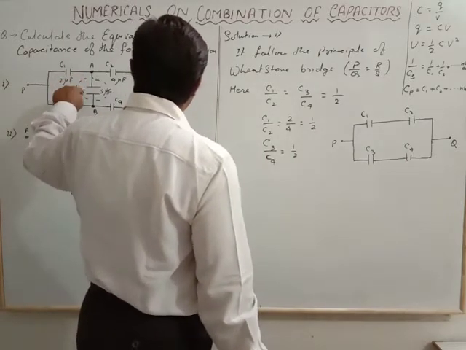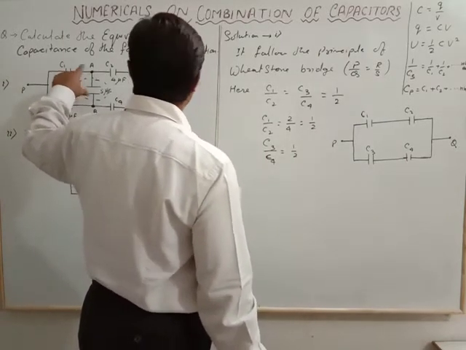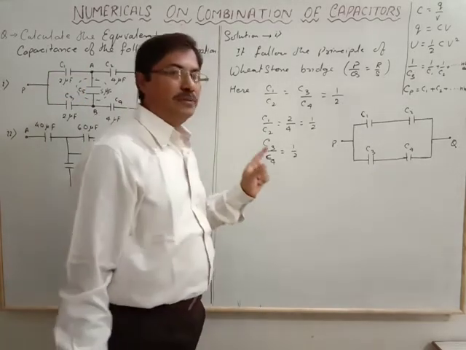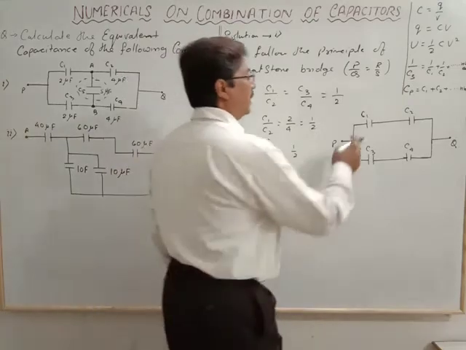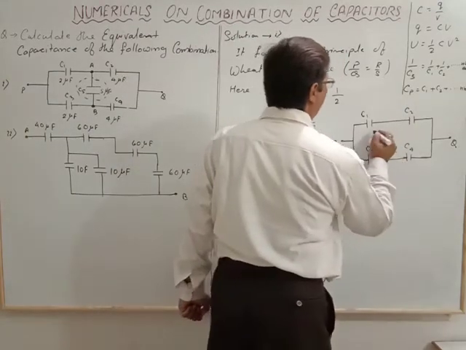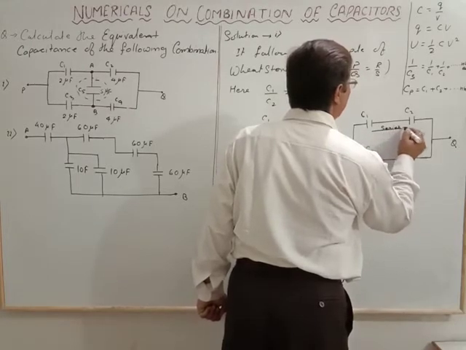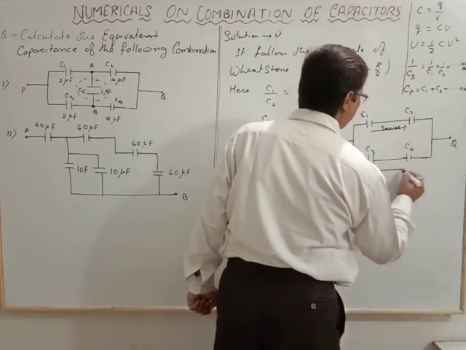The middle one, C5, has no meaning, because both ends have the same potential and no charge will move through it. So it is only a parallel combination of two series: series 1 and here series 2.